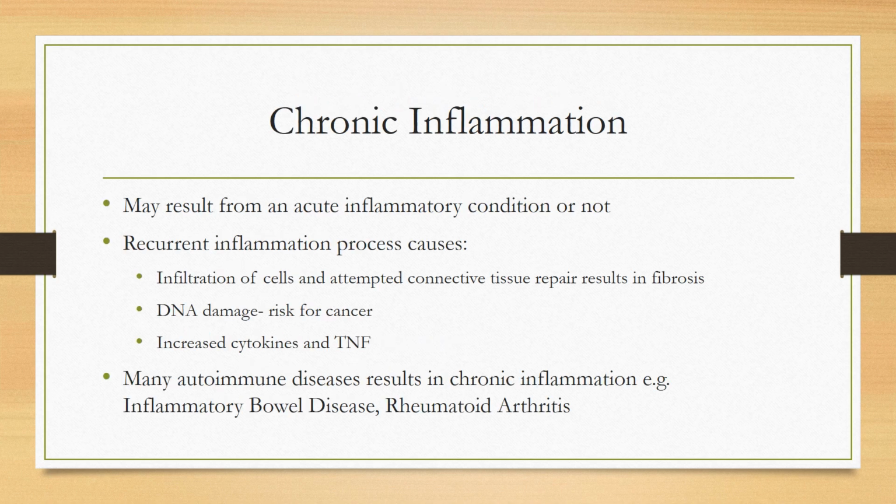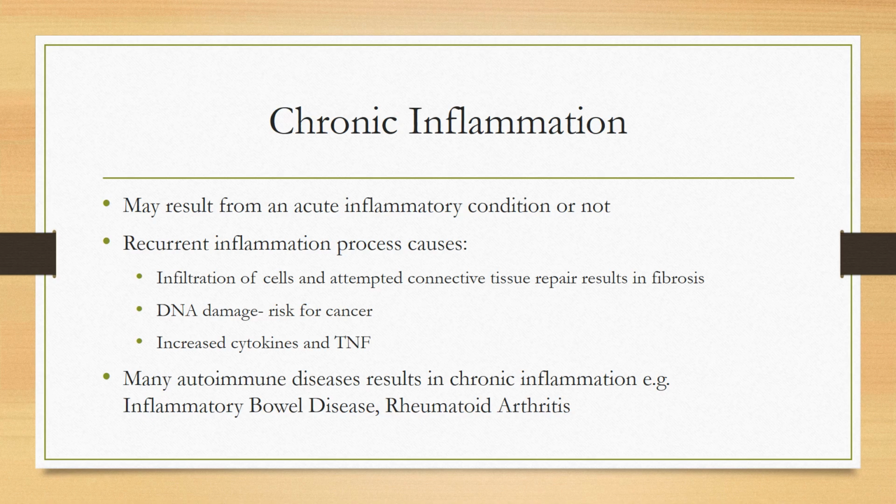Now, a minute about chronic inflammation, because we've talked mostly about acute inflammation. It can occur from an acute inflammatory condition or not. It can be just a type of autoimmune process that suddenly appears in the body, but is insidious.